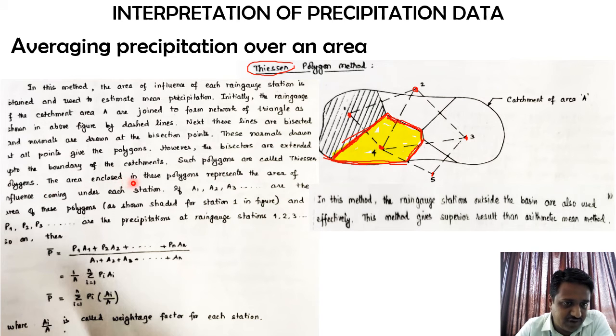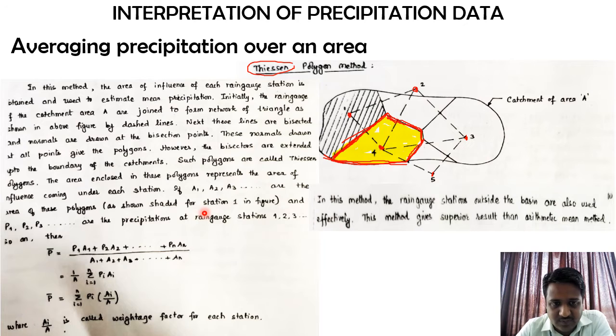The area enclosed in these polygons represents the area of influence coming under each station. Such polygons are called Thiessen polygons.